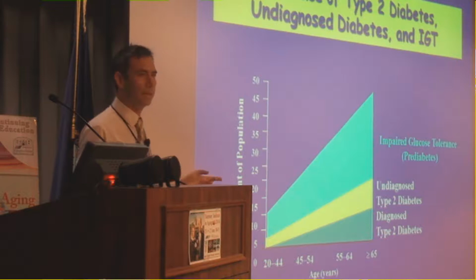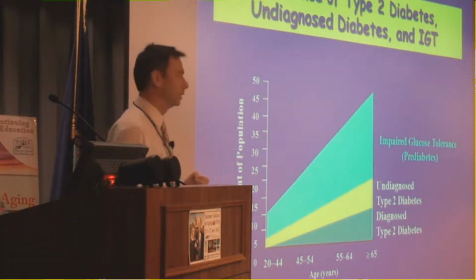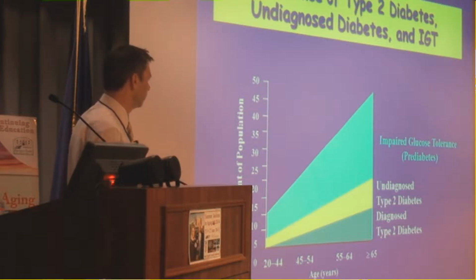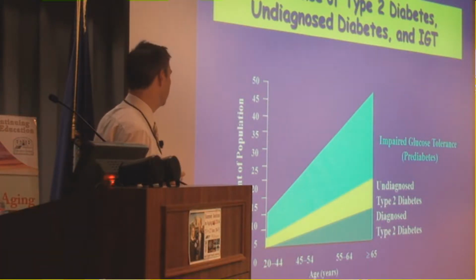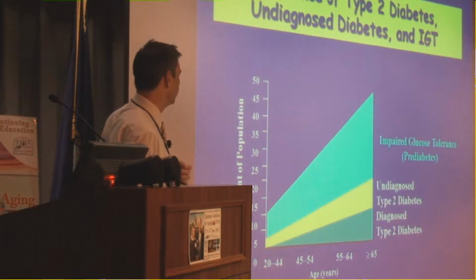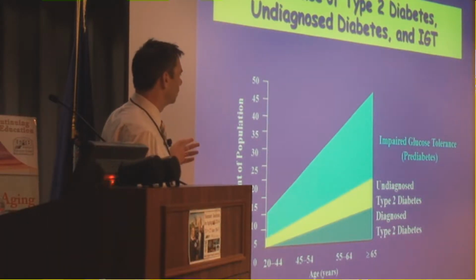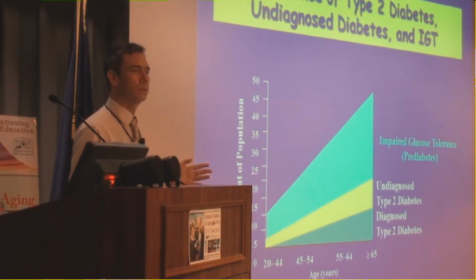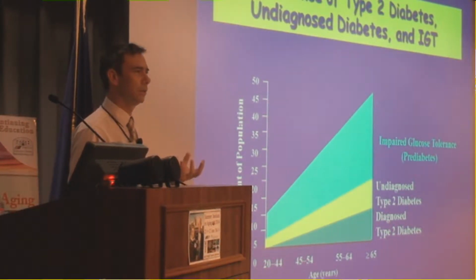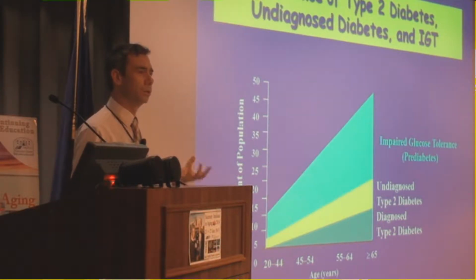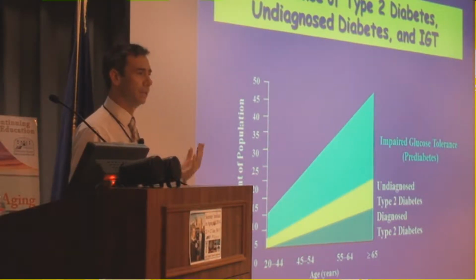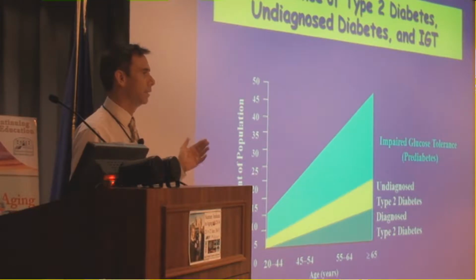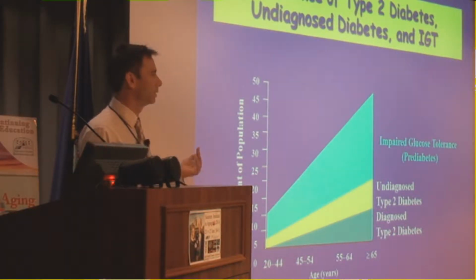Now, how do we know that aging is associated with an increase in type 2 diabetes? This is a set of data that indicates that. Diabetes can be diagnosed in different ways, but one way is with a glucose tolerance test, in which a standard amount of sugar in a drink is given in a fasting state, and blood glucose levels are measured 2 hours later.